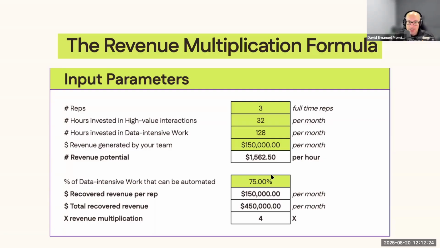So let's say you recover 70% of these 128 hours. You will be able to recover $150,000 per month. That's a lot of money that will start growing your pipeline.